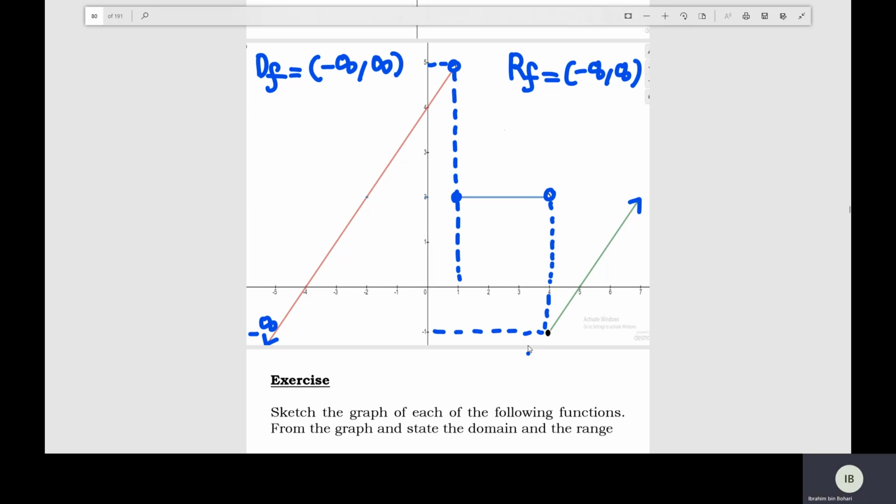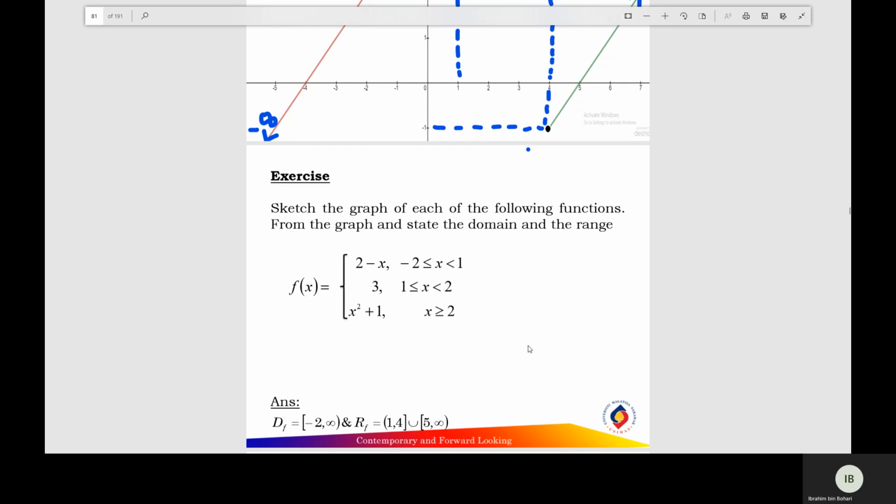Okay, and the exercise. Here, you sketch the piecewise function. f(x) equals 2 minus x, f(x) equals 3, and last f(x) equals x squared plus 1. This one, you just list down the type of the function.